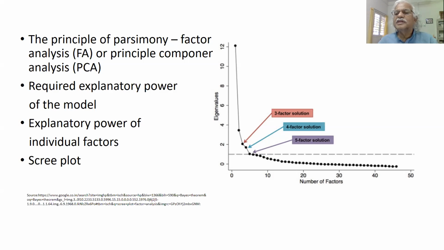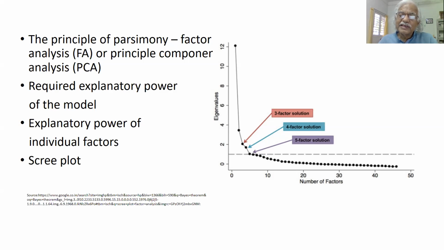Now you can arrange all these factors in terms of their explanatory power or variance, which is also called eigenvalue. So take the first factor as the factor with the highest eigenvalue, then second, then third. Plot the number of factors on the x-axis and their eigenvalues on the y-axis, and you get a scree plot.